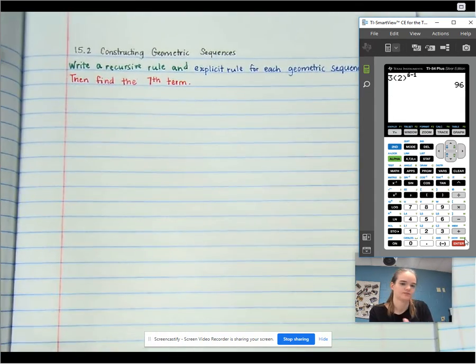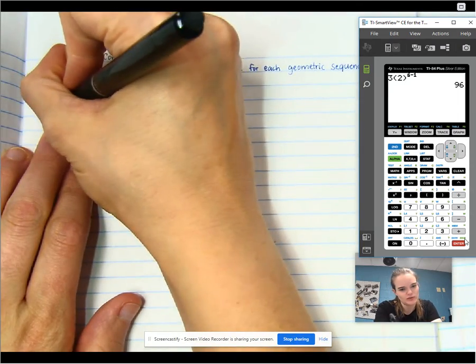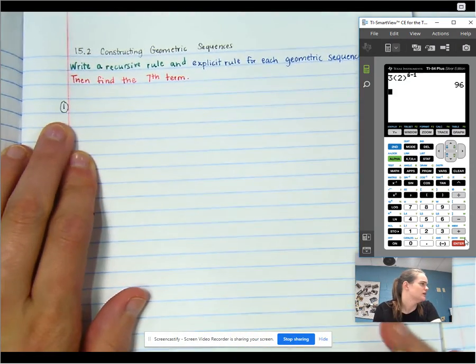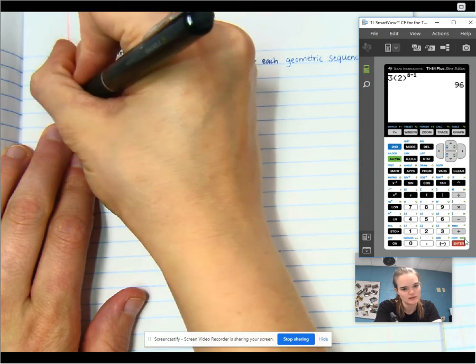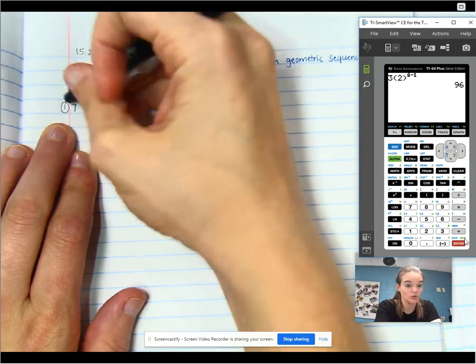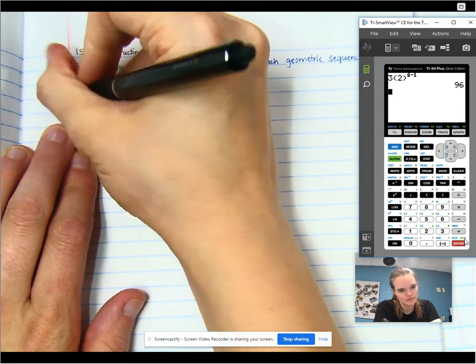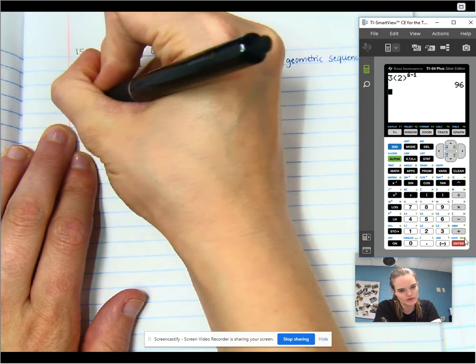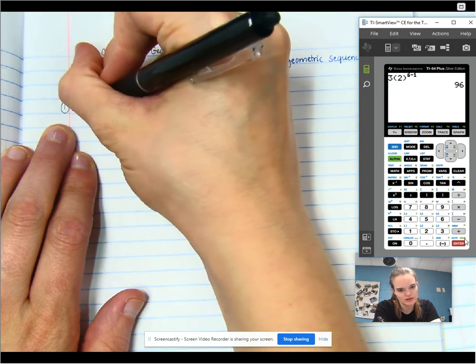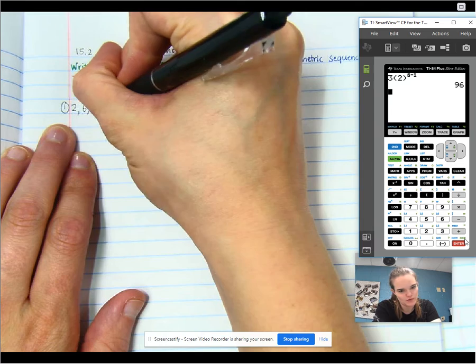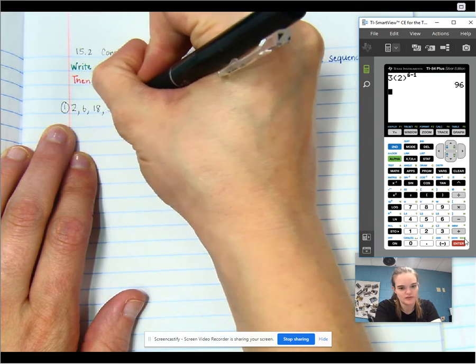Number 1, our geometric sequence is 2, 6, 18, 54, 162.